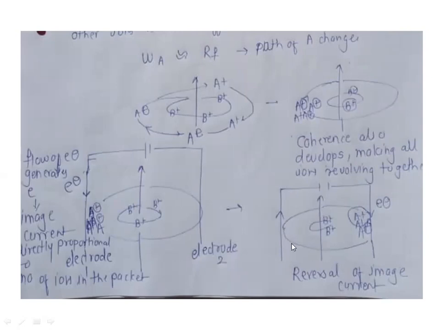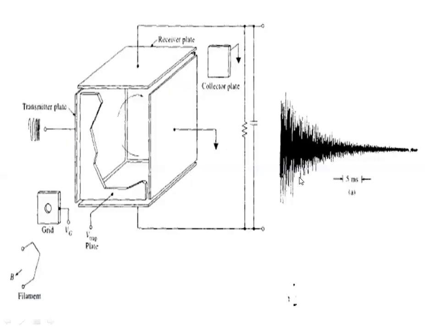So we get a superimposition of the image currents, and this image current gradually decreases. As in NMR, where we have seen free induction decay, here also we get a FID kind of signal. This is a superimposition of image current produced by all packets of ions, and it gradually decreases because the ions in a packet collide with each other and are lost. So gradually there is a decrease in the image current.